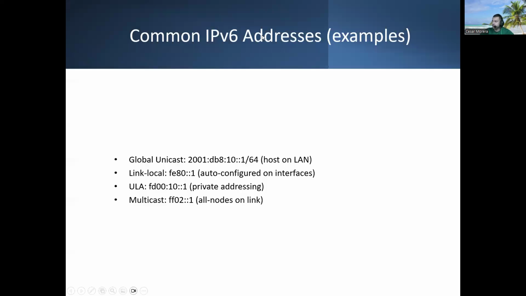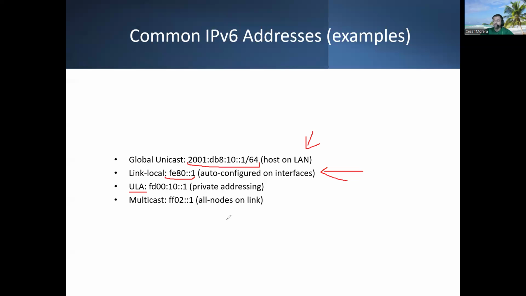Once again, we have the global unicast example. This is assigned to a host on a LAN. Then we have the link local, FE80::1, which is how to configure on interfaces.